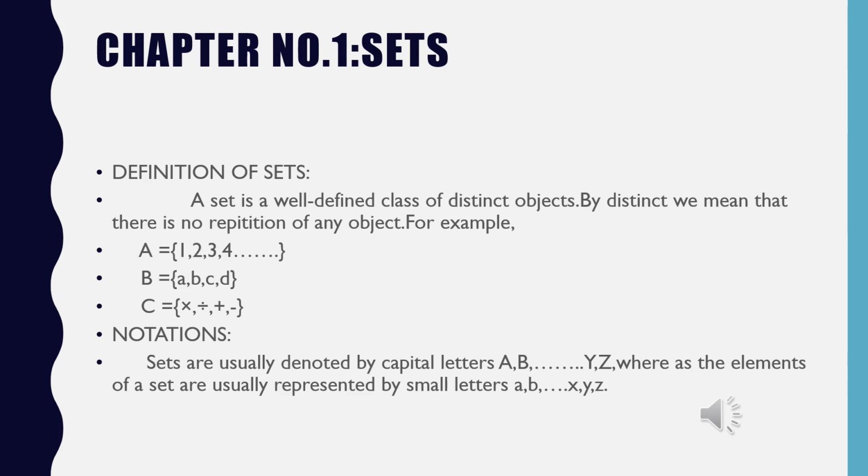By the collection of these 4 books, you can make the set A is equal to curly bracket science books on a shelf. This is how the set is formed.